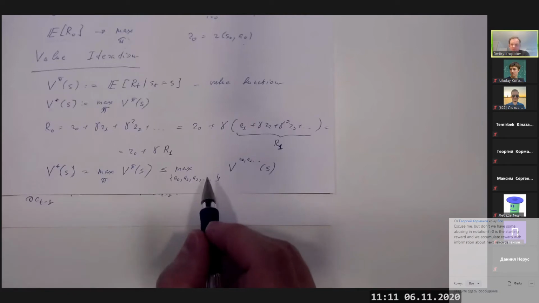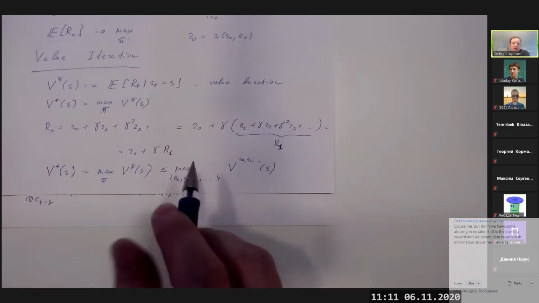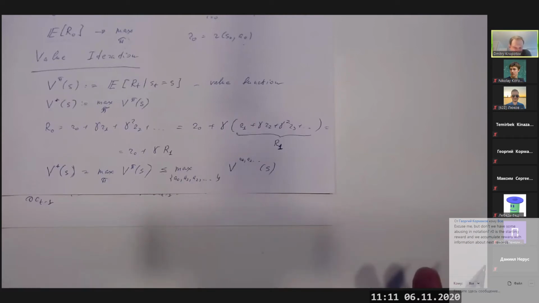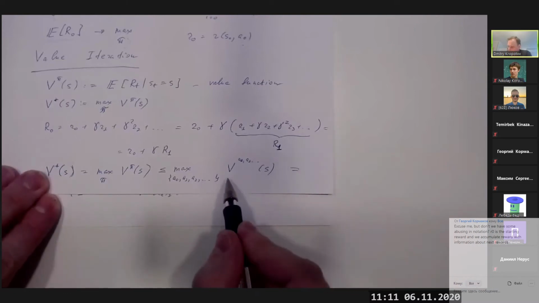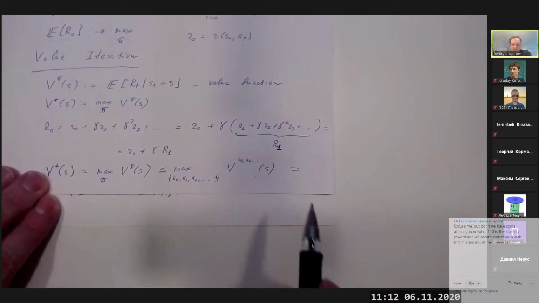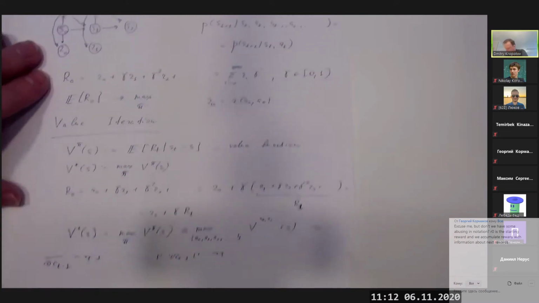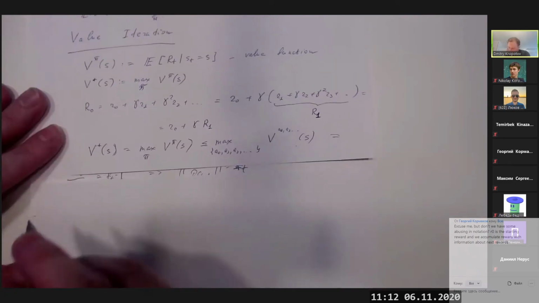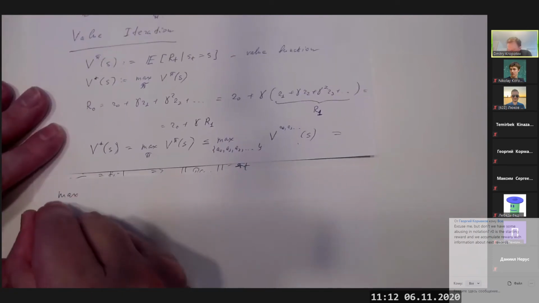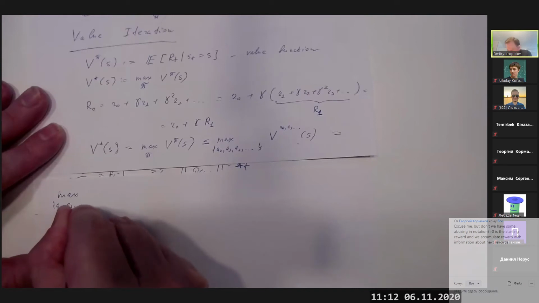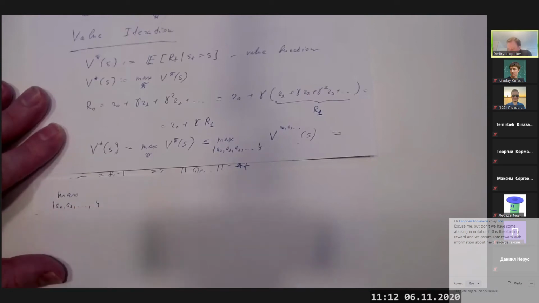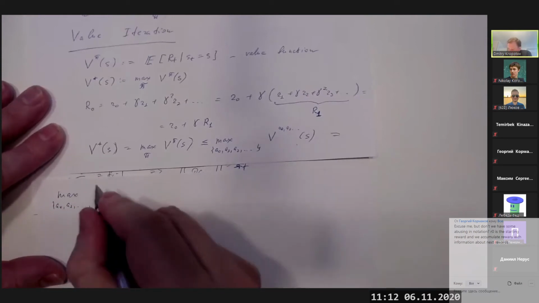So let's move forward. We have here this maximization, and now we put in our expression for V. So this is a maximization over actions. What is V?